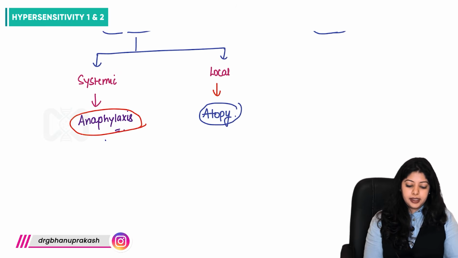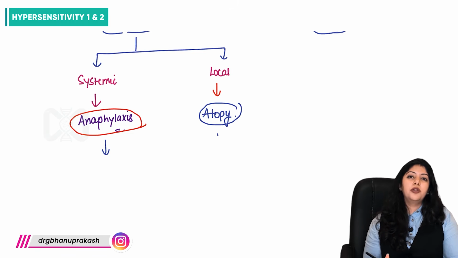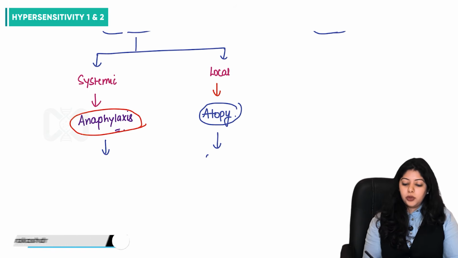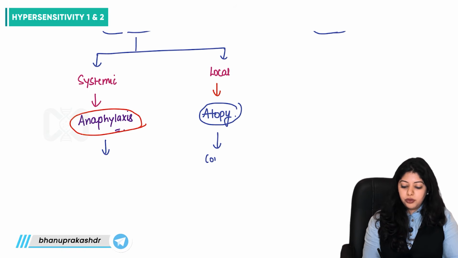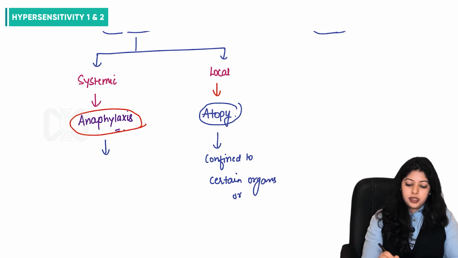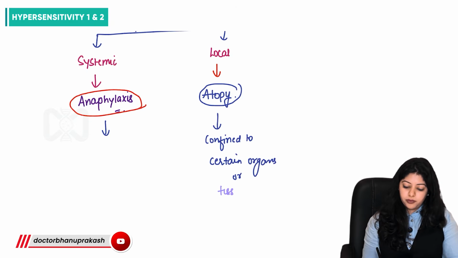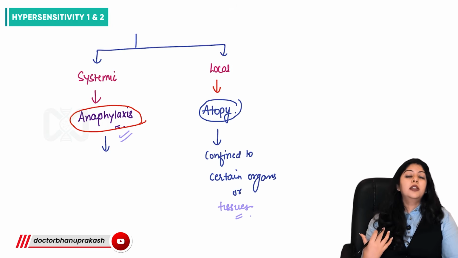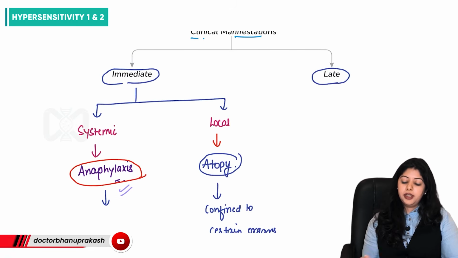Under anaphylaxis, the reaction or the inflammatory response is going to be involving the whole body. It is not just one tissue, which is the case with local response. So atopy is confined to certain organs or some organs or tissues, whereas anaphylaxis is involving the whole body, right?